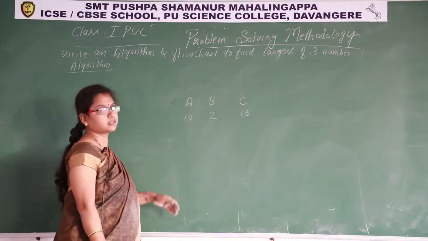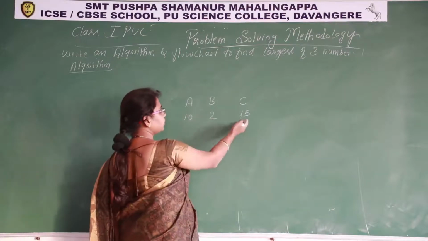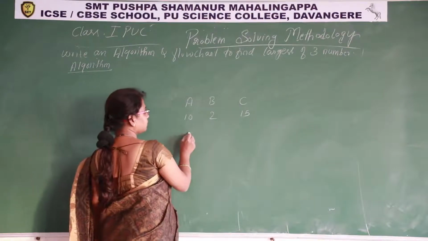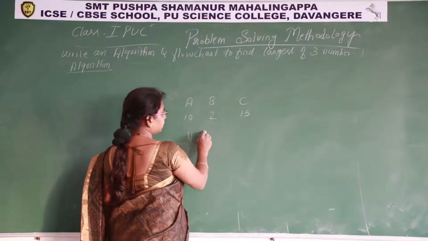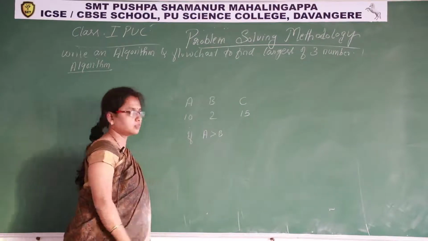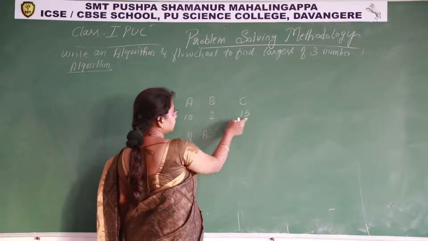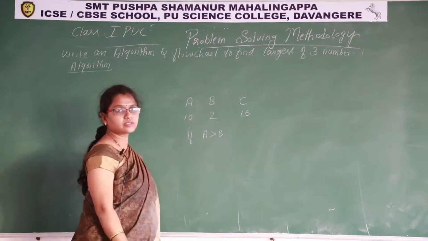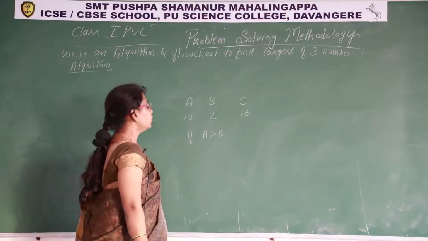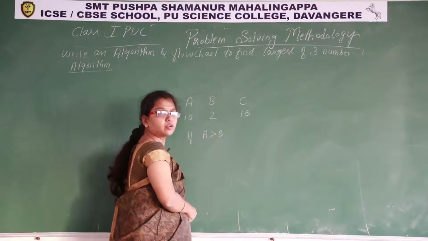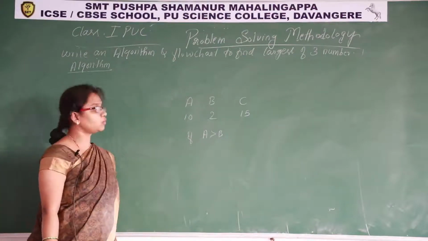We can say easily that 15 is greater than these two, but we can't write it like this. There are three inputs now. We can say A is the largest only when A is greater than both of the other two. So I can write like this now.